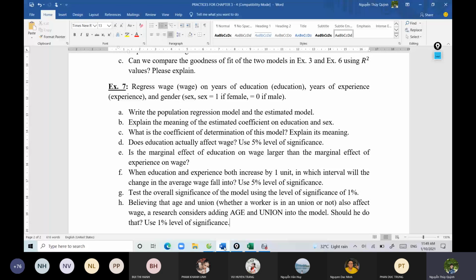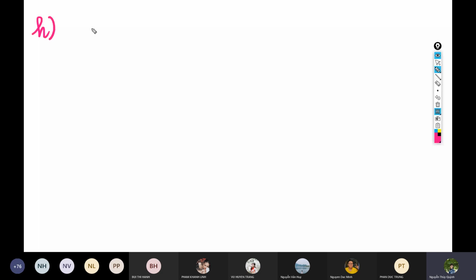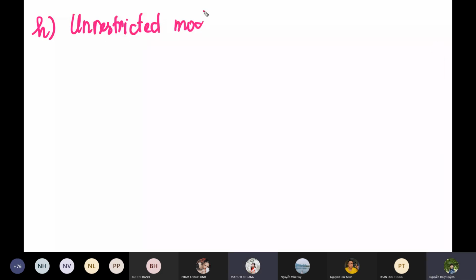Here we will have two models, the unrestricted model and the restricted model. Remember that here we want to add two independent variables into the model. For question H, what will be our unrestricted model?